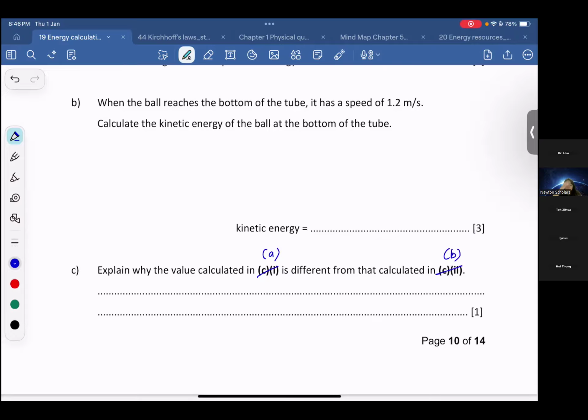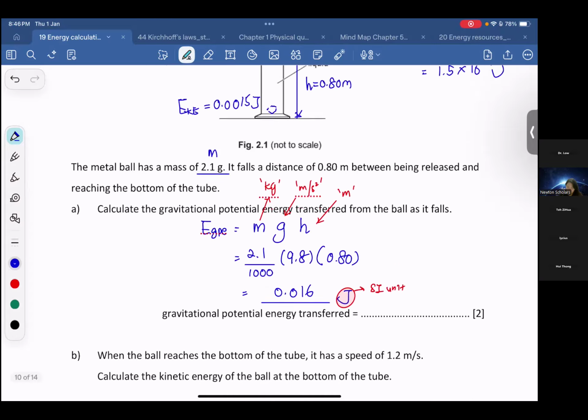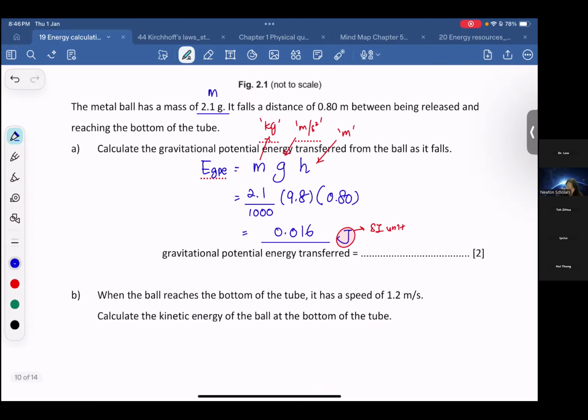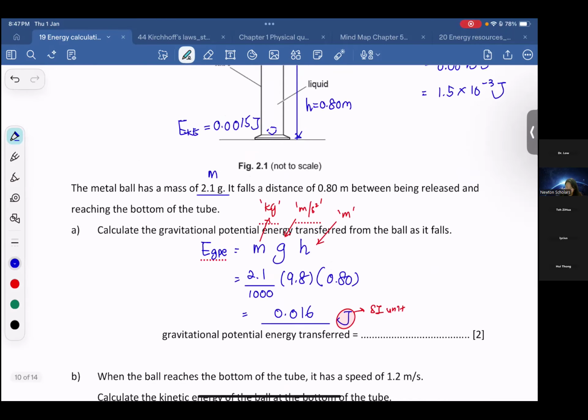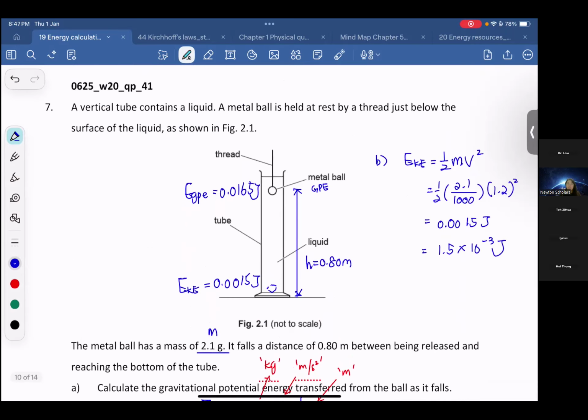So dear, can you tell me why the GPE of 0.016 joule is different from the final kinetic energy of 0.0015? Any of you got an idea? Crystal: because of air resistance.